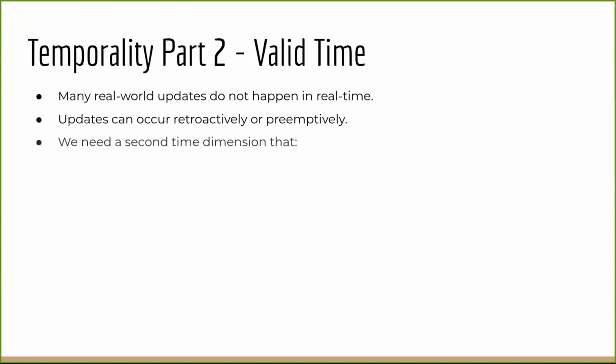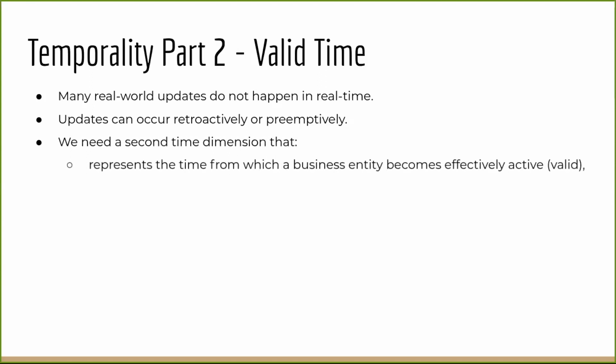So to deal with this, we need a second time dimension that represents the time from which a business entity effectively becomes valid. And this should be independent of when it was actually entered in the database. So now we need two independent temporal dimensions. And this second temporal dimension is what we are going to refer to as the valid time.